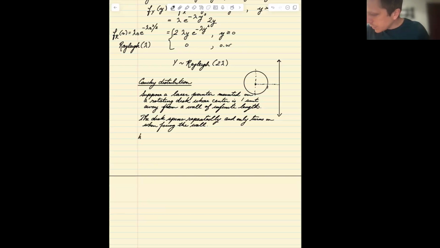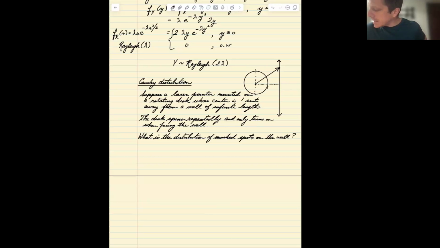And so the question is, what is the distribution of marked spots on the wall? So it's spinning, and as it's facing the wall, it's marking the wall.